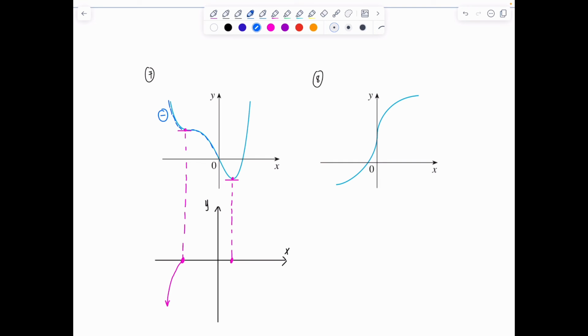Yep, more negative. Then they kind of level out until they hit 0. So you're going to stay below the x-axis, swoop down, and you need to come back to the x-axis by the next x-intercept. So kind of swoop down, turn around somewhere, don't worry so much where, and come back.